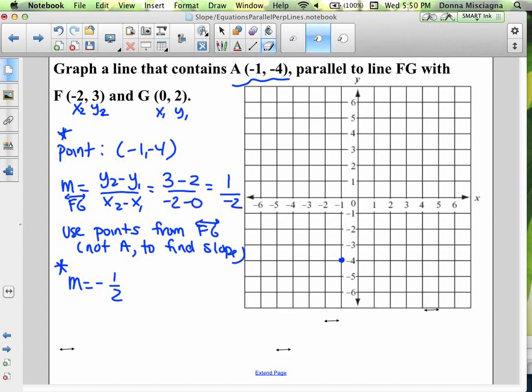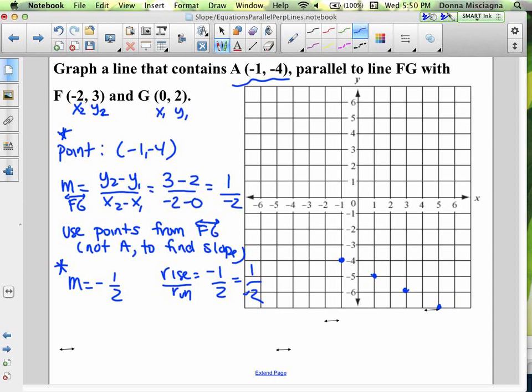We have a slope of -1/2, which means our rise is -1 and the run is 2, or the rise is 1 and the run is -2. So we can count down 1 to the right, down 1 to the right until we run out of space, or we can count up 1 to the left, up 1 to the left, up 1 to the left.